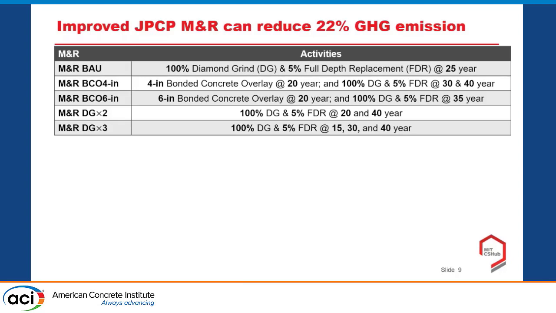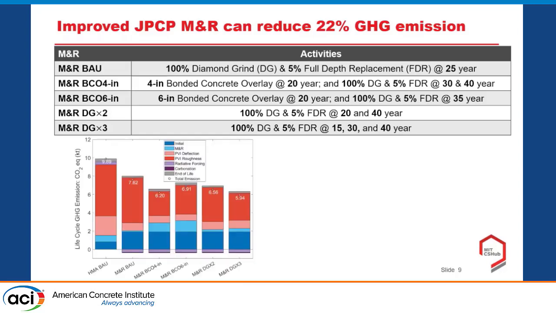Then we tried a 6-inch bonded concrete overlay at the year of 20, and diamond grinding at the year of 35. For the last 2 trials, we just increased the frequency of diamond grinding: 2 diamond grindings at the years of 20 and 40 respectively, and 3 diamond grindings at the years of 15, 30, and 40.